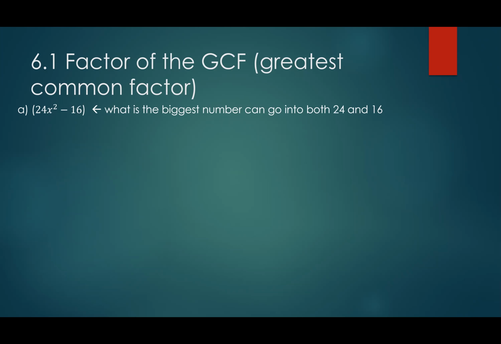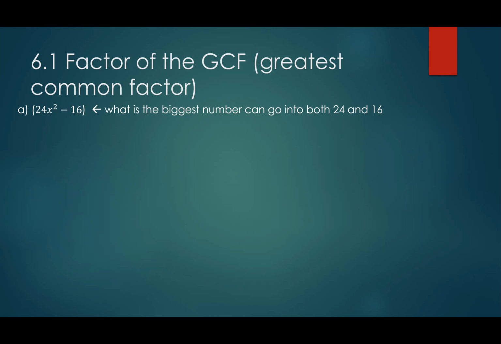Meaning, in terms of this item here, the GCF, which is the greatest common factor. They ask you, if we give you 24x squared minus 16, you ask yourself, between 24 and 16, what is the biggest divider?